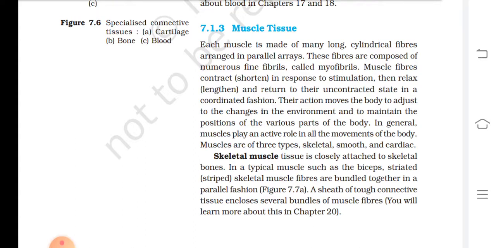Skeletal muscle is closely attached to skeletal bones in muscles such as the biceps. Striated, striped skeletal muscle fibers are bundled together in a parallel fashion, that is given in figure 7.7. A sheath of tough connective tissue encloses several bundles of muscle fiber.